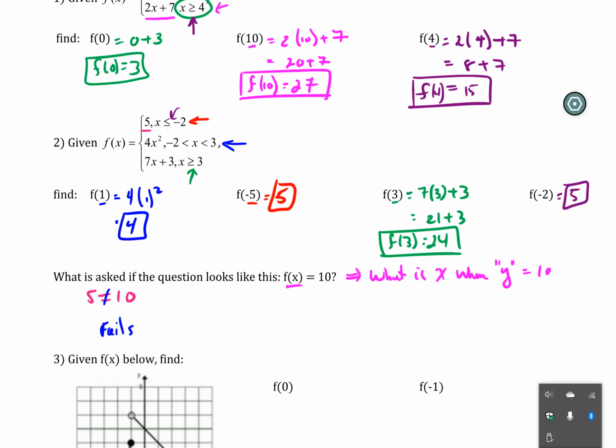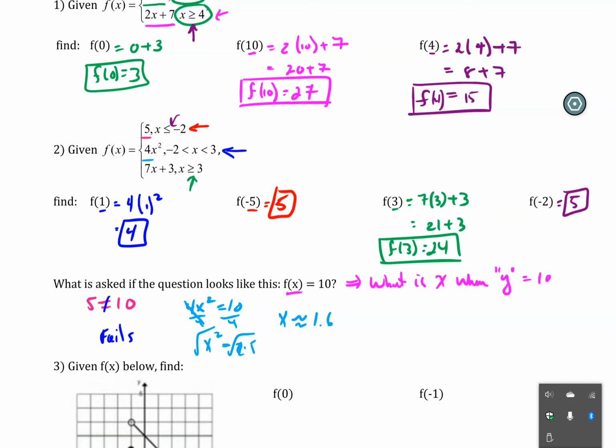All right, let's try another one here. So let's do the second one. So 4x squared, when does that equal 10? If I divide each side by 4, I get x squared is equal to 2.5. I take the square root of that, I get x to be approximately 1.6.